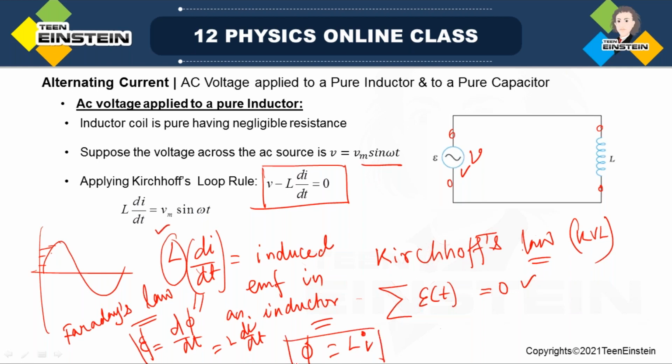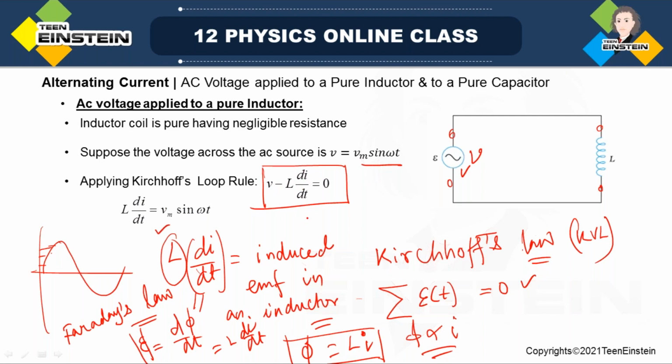Phi, the flux linked with the inductor, is written as phi is equal to Li, or phi is directly proportional to the current in the loop. So this is how we can write. This is an EMF. Anything you add or subtract, both quantities have to be dimensionally the same. Here, this is voltage and this is EMF, both are dimensionally correct.